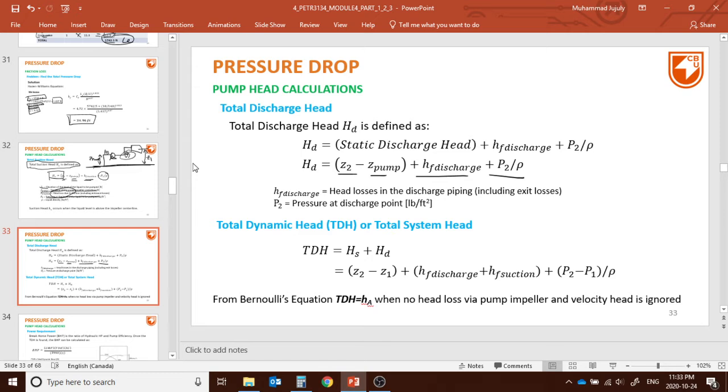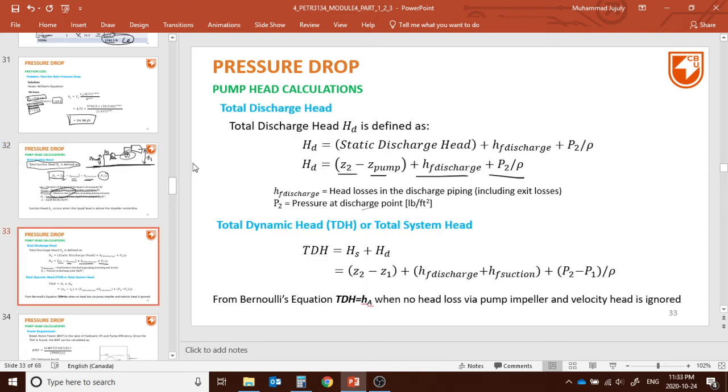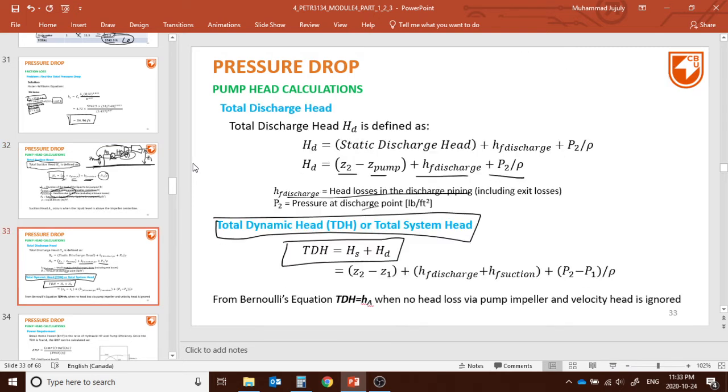Z2 is the height at the point where you actually want to deliver the liquid, and HF is the head loss in the discharge pipelines. The total dynamic head, TDH, is equal to the total suction head plus the total discharge head.